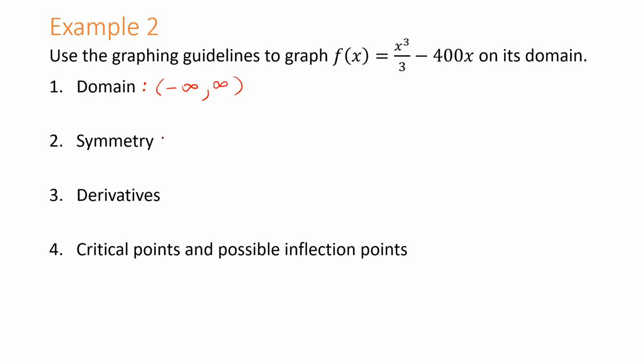What kind of symmetry do we have? Well, notice that this is actually an odd function. It has odd symmetry, because if I evaluate f of negative x, since we've got odd powers on both of these terms, we can factor out the minus sign.